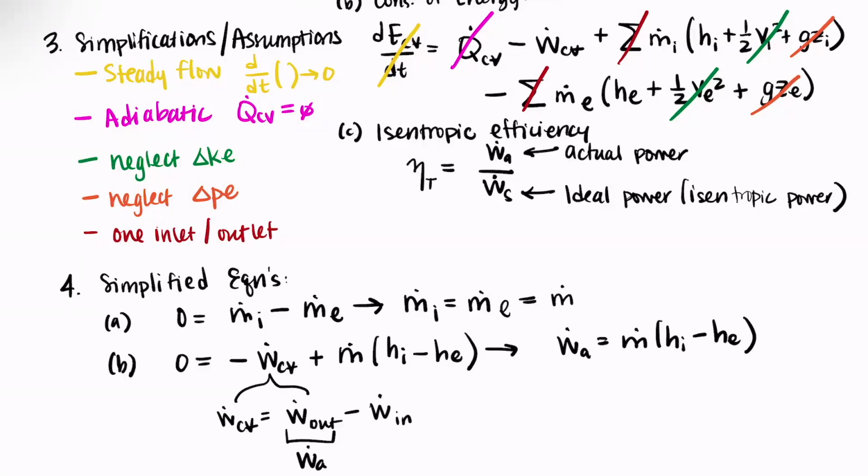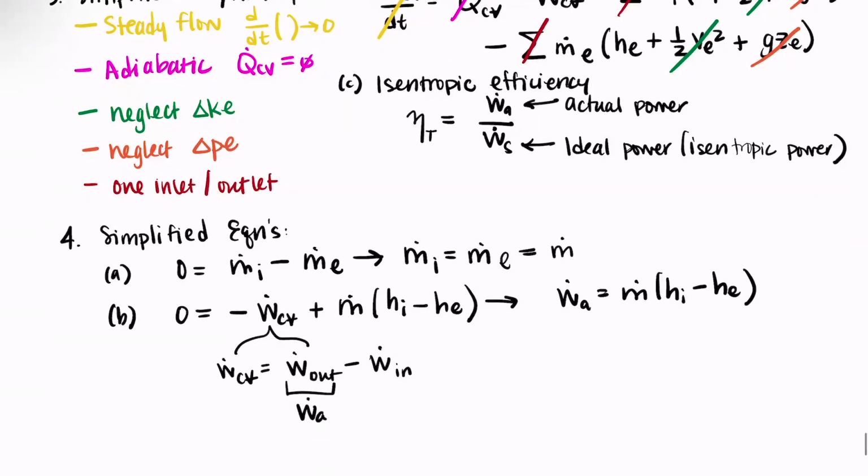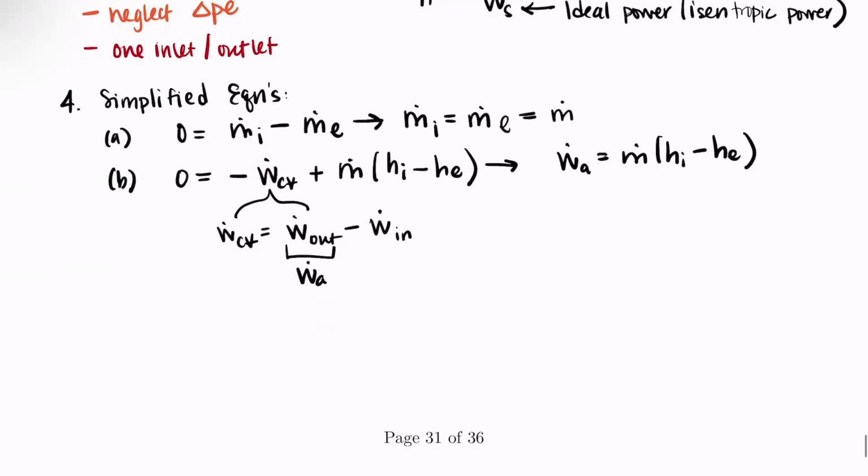Feel okay so far? Okay. All right. So let's figure out W dot A first, because in order to find the efficiency, we need W dot A. So we're going to solve for W dot A first.